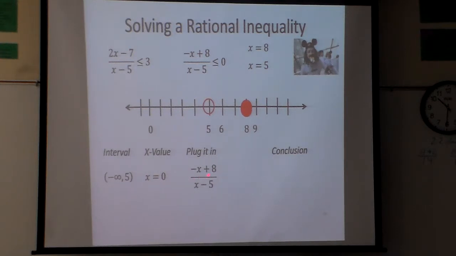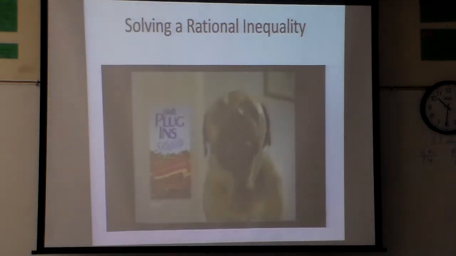So I'm going to put 0 in this number right here where it says plug it in this equation. I'm also going to do 5 and 8, and then pick 6 between 5 and 8. Notice 8 is a bracket because it can equal 8 possibly. I don't know if this is right or not. We're going to test it and see. And then from 8 to infinity, I picked 9. So I'm going to plug these numbers in.